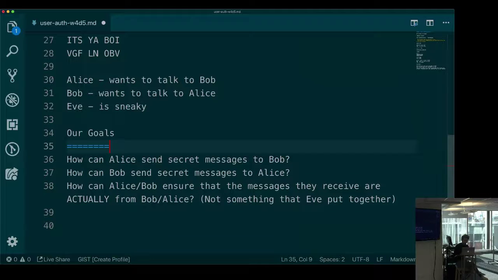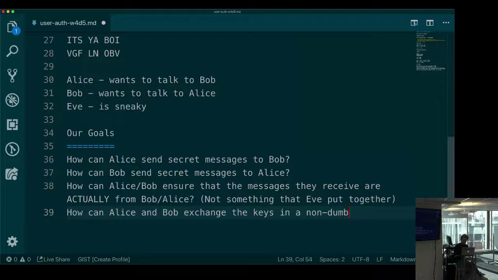Plus, I'm going to put one more goal down: how can Alice and Bob exchange the keys that they're going to need for communication in a non-dumb way?